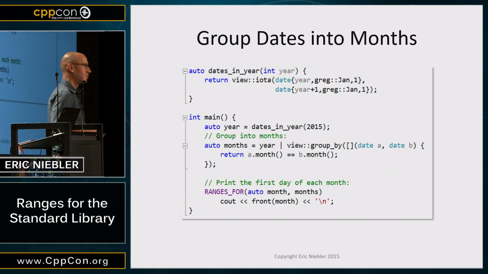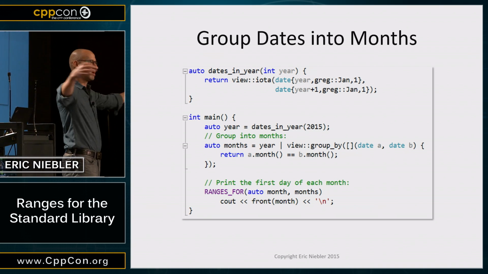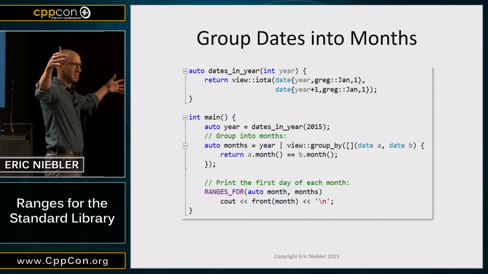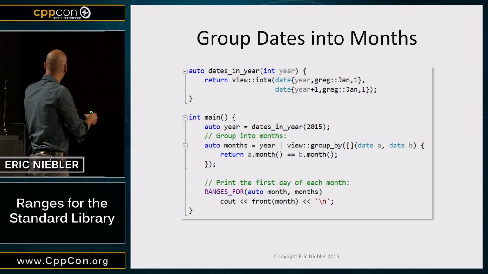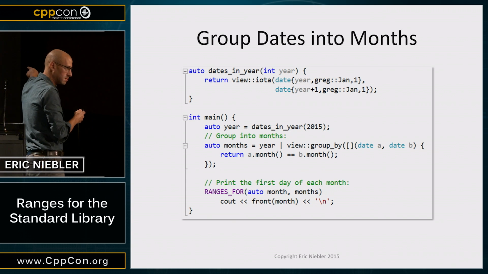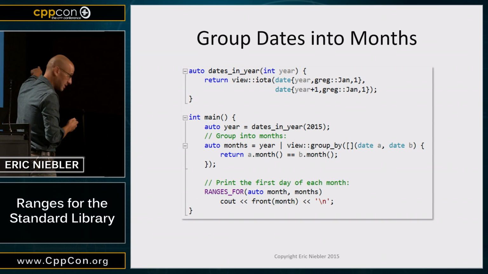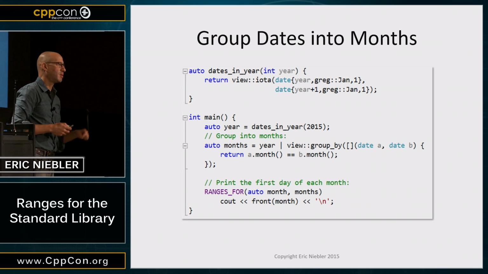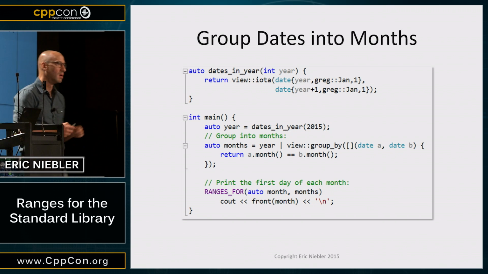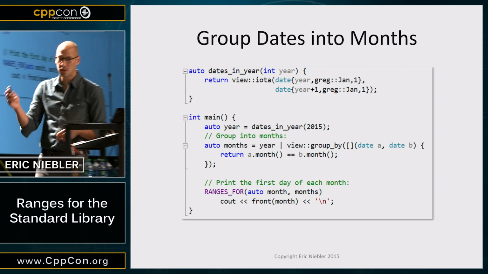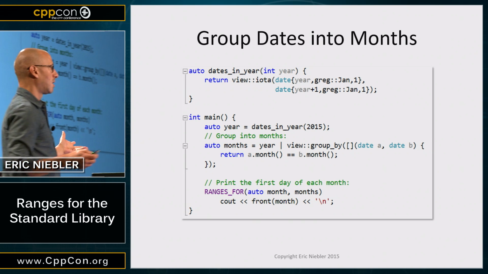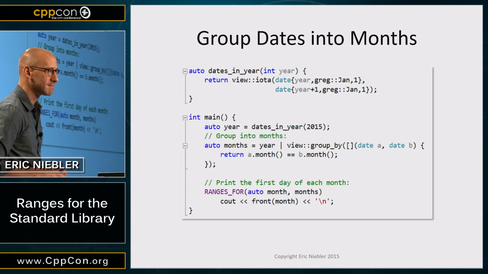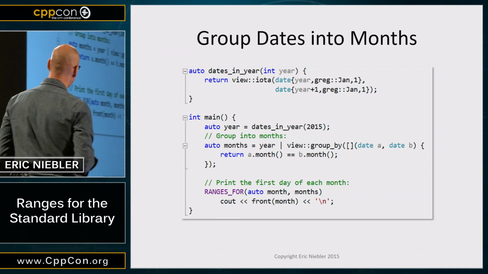Group by is going to carve up a range into a range of ranges, where each subrange is comprised of elements for which this predicate returns true. And this predicate here, this lambda that takes 2 dates, will just return true if both of these dates are in the same month. So in goes a range of dates, out comes a range of dates, where the inner ranges represent months. Okay? That's what's going on here.